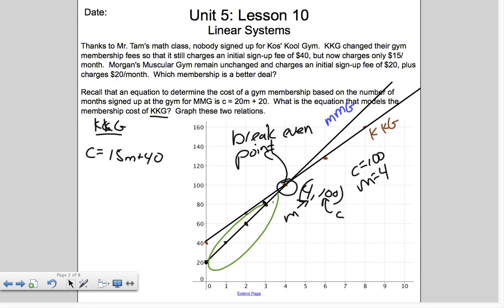But if I go to the gym more than 4 months, this one here becomes the better deal after 4 months. If I only go to the gym for 4 months, which is the better deal? Neither. Doesn't really matter. In the end, I'm still paying $100.